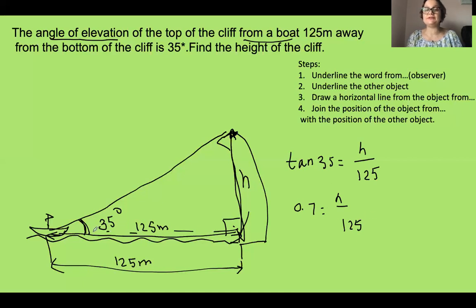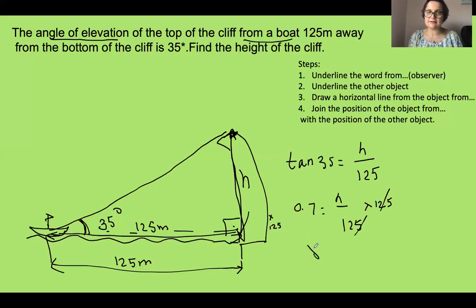Now here we have a simple equation with a number in the denominator. How to get rid of the denominator? By multiplying both sides by 125, just like that. So we have 0.7 times 125, and the answer is going to be 87.5.